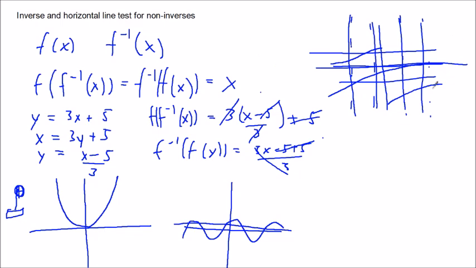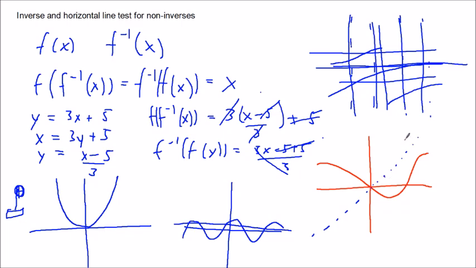And finally, whenever you have a graph, just a random graph, maybe like this, the inverse is a reflection of the function over the y equals x axis.